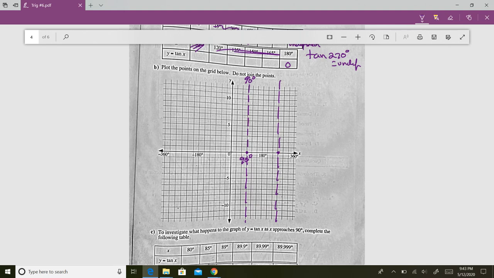And if you went to negative 90, you have an asymptote, and negative 270.